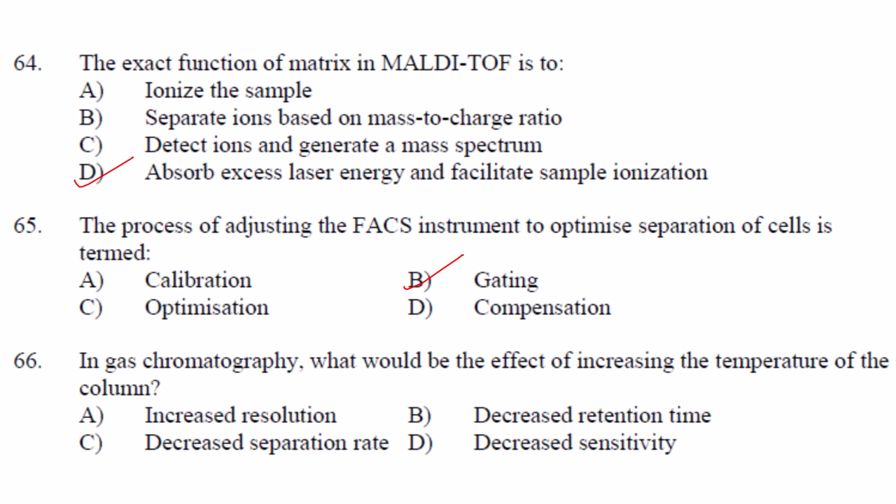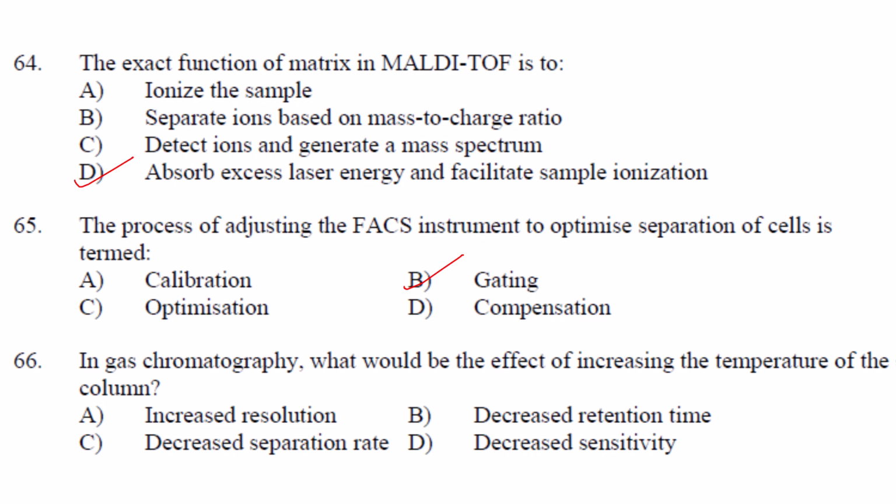Then next one. In gas chromatography, what would be the effect of increasing the temperature of the column? So these higher temperatures, they increase the volatility of your analytes. So that will reduce the interaction of the analyte with the stationary phase.